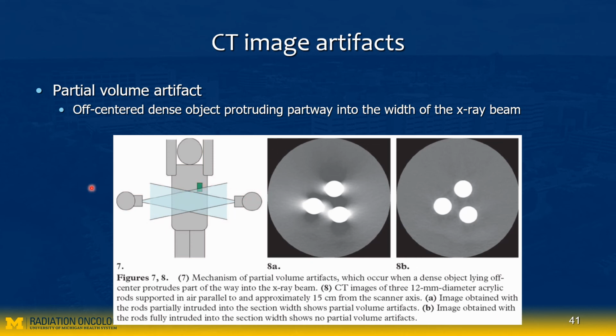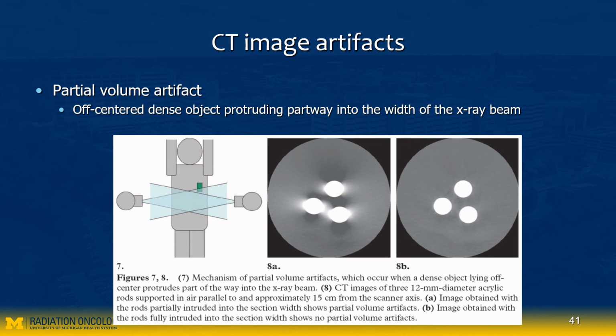Whereas if you rotate to the other side, this beam will see this. So you end up having this blurred object. Okay, this is not a representative acquisition, but it's an example. Okay, so you end up having some blurred edge of the high density object.